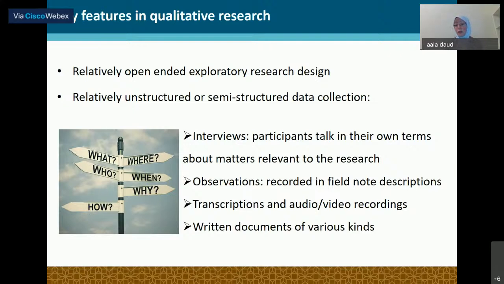Observations, recorded in field note descriptions, transcriptions and audio-video recording, so you actually record the participants outlining their experiences, and finally written documents of various kinds. So these are the key features in qualitative research.